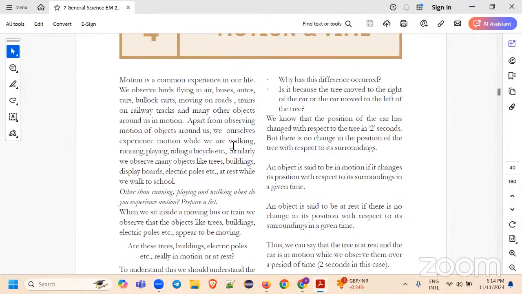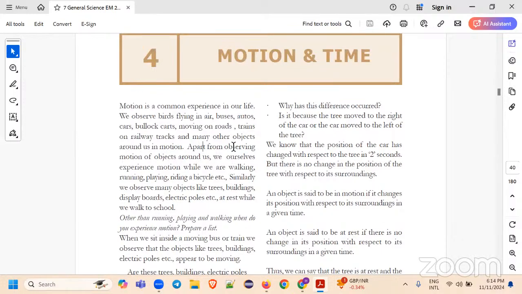Now we will discuss motion. What is motion?